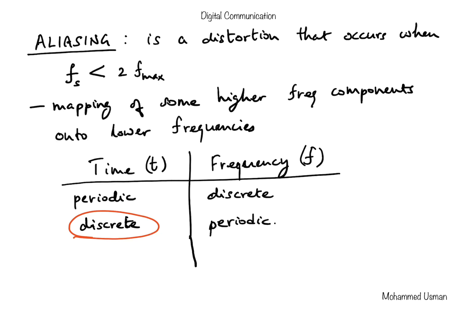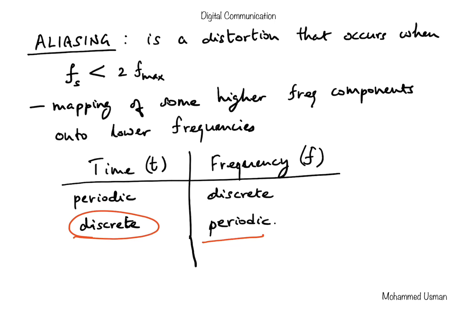The effect it is going to have on the frequency domain representation is that the spectrum of the sampled signal is going to be periodic. We will use this fact and depict the process of sampling in the frequency domain without going much into the mathematical details of the process itself.